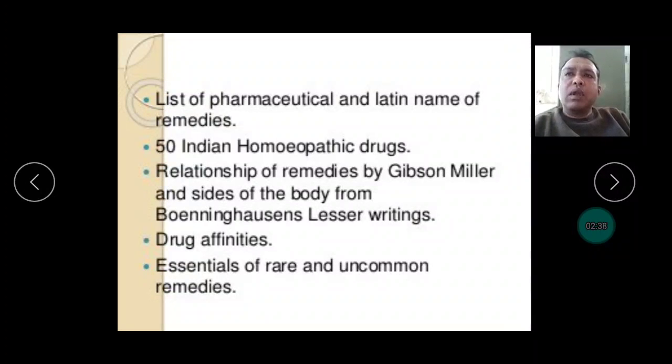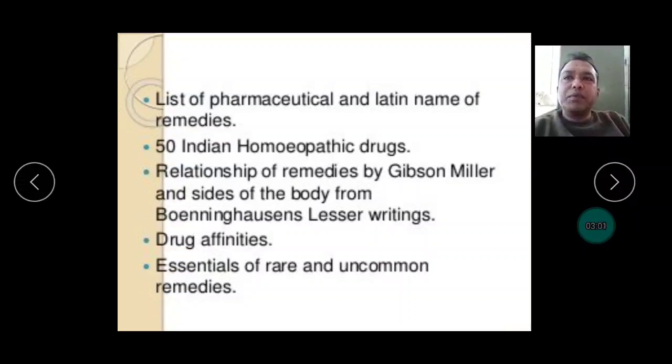Now we'll be going into deep details about the repertory. What we know about this repertory is that first, it has the list of pharmaceutical and Latin names of remedies. 50 Indian homeopathic drugs are displayed in the repertory in the last part.